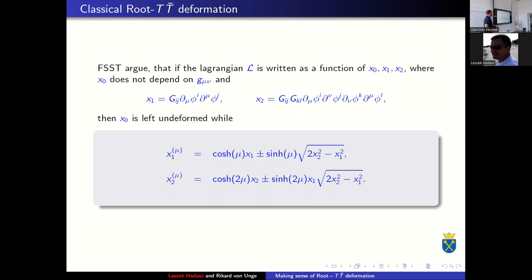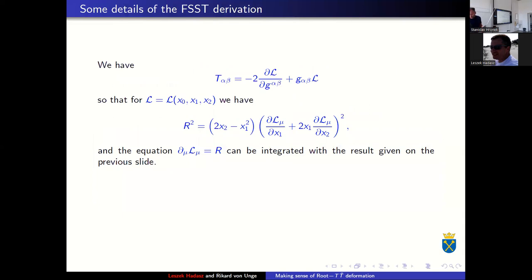And then you can see from this equation deformed by operator R that x0 is undeformed in the flow, while x1 and x2 satisfy these relations. Quite nice, right? There are some details of how you can derive this quantity that I gave you before.